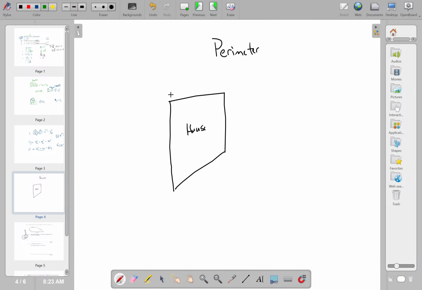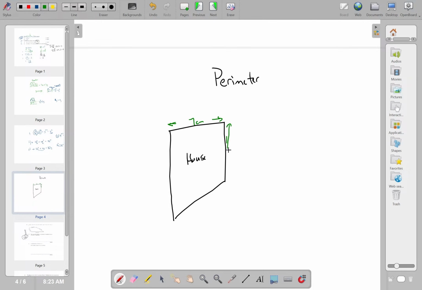I'm going to say that from here, 7 centimeters to here. From here to here, give me a number, 11 centimeters. From here to here, he is 13.